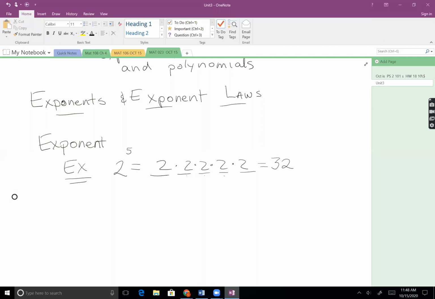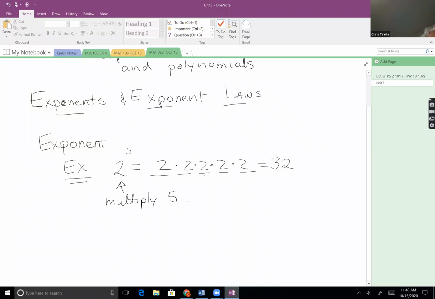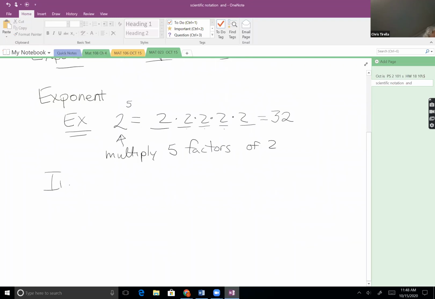So this tells me that I'm going to multiply 5 factors of 2. And so in general, if I have b to the n, b is called the base, and this superscript here is called the exponent.